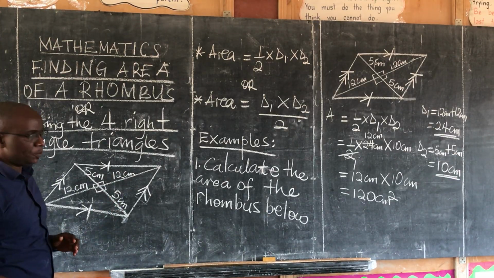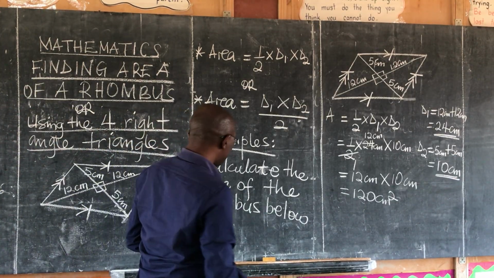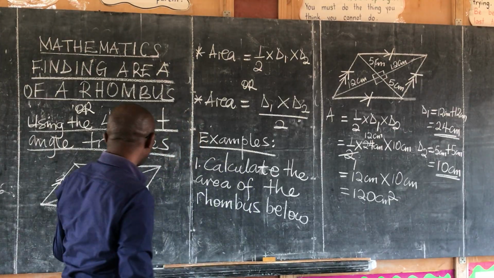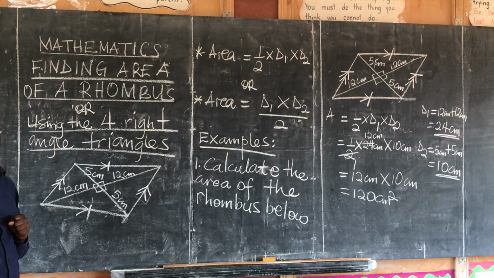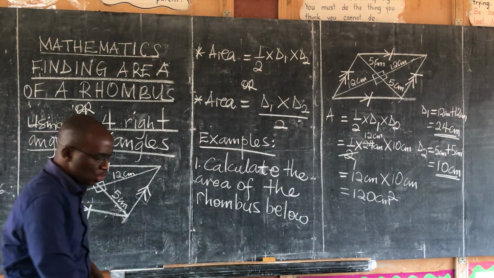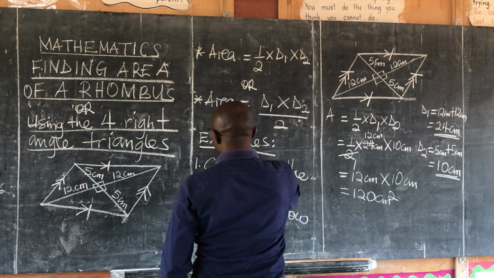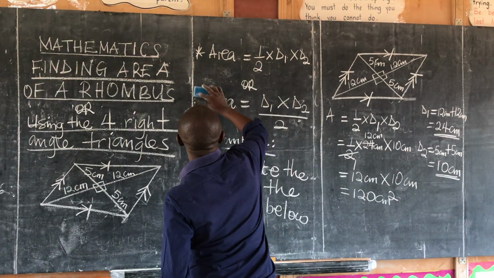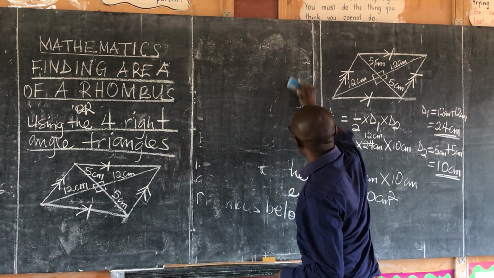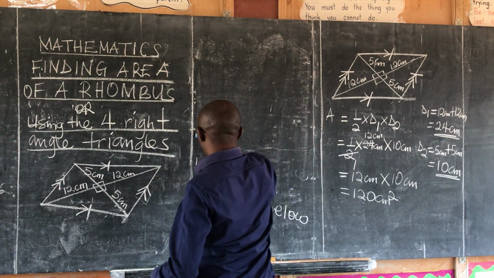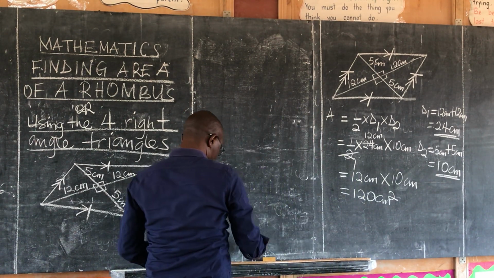Now what I do, since all these triangles have the same height and the same base, I can find the area of one triangle. Let me do extraction.